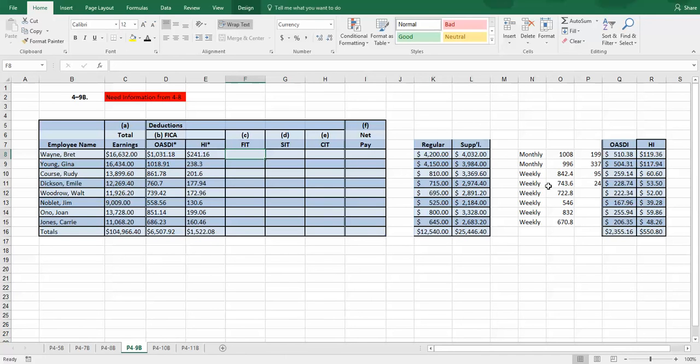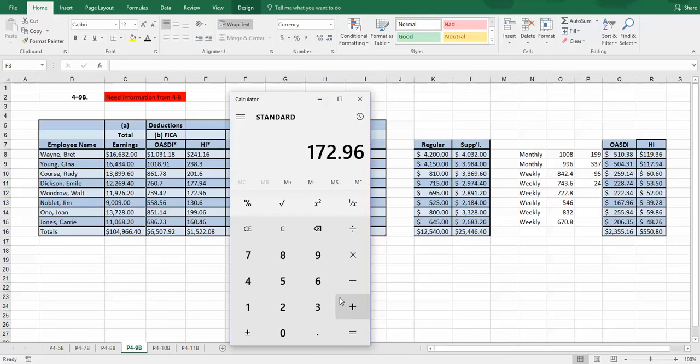Okay, and so now here's where it comes into play, where the amounts that we've already calculated. So we know the regular earnings for Brett Wayne are calculated at $199 for federal income tax. So we have $199 times 2 gives us $398.